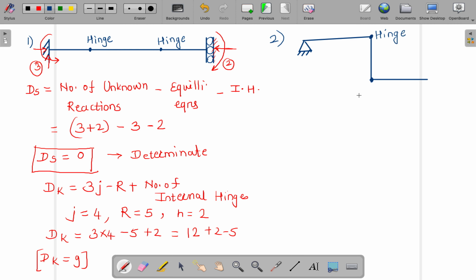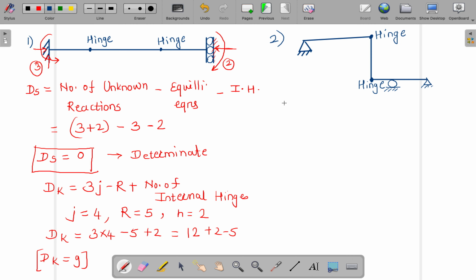Here is also an internal hinge. Then there is a hinge support, and there is also one roller support. Just see this beam, it is with so many supports. So this is hinge support, roller support, and hinge. This is a roller support.